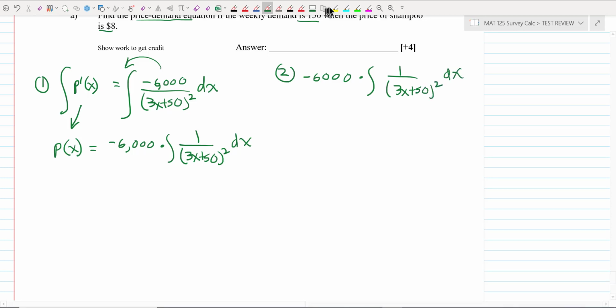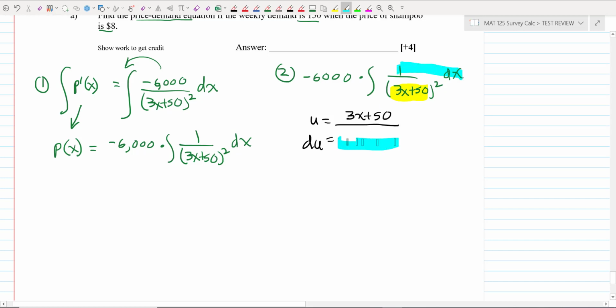Okay, so the way to do this one would be, let's kind of get this set up. We're going to have u. Well, the only thing we could probably do is just set it equal to that denominator right there, the inside part like that. So that's going to be 3x plus 50. Okay, du, the way that we've kind of been processing this is we would like for du to be 1 dx, but it isn't.